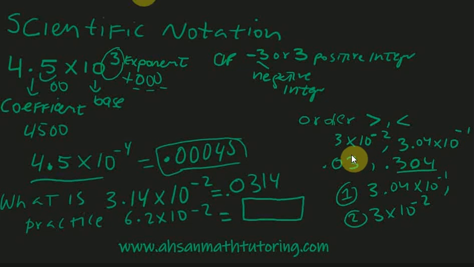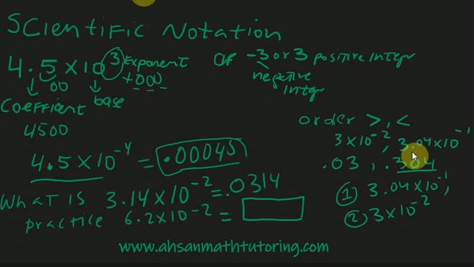So order greatest or they say smallest, it doesn't matter. Let's say we have to order greatest. 0.03, because you go 2 units to the left as it is a negative, right? You come here and then you add 1 more 0 and then decimal. It becomes 0.03.